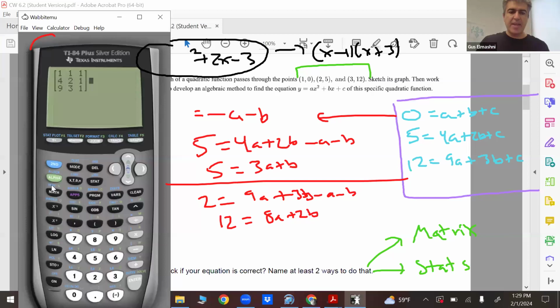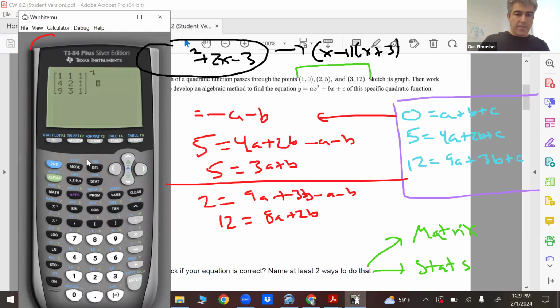Then you press the x-1 button, right below math. Again, this won't make sense to you right now until next week when we start talking about matrices. But just trust me, this works. You raise that to -1, and it's waiting for something. Then you do another matrix for these numbers, 0, 5, 12. That's going to be 3 by 1, because 3 rows and one column.